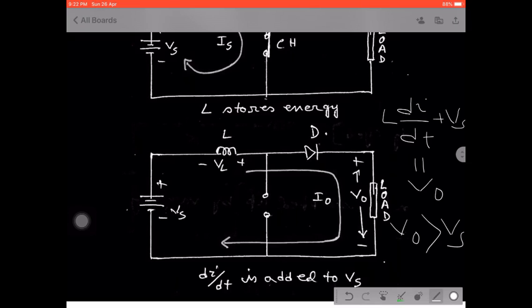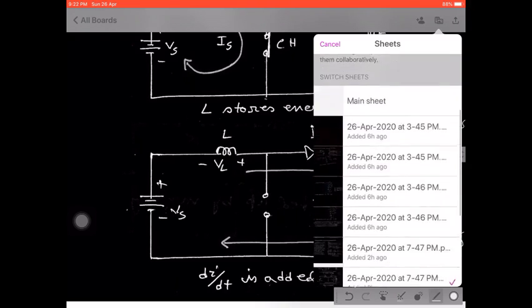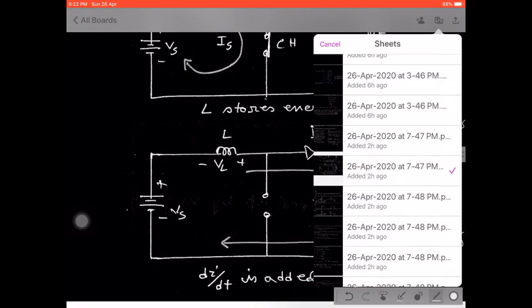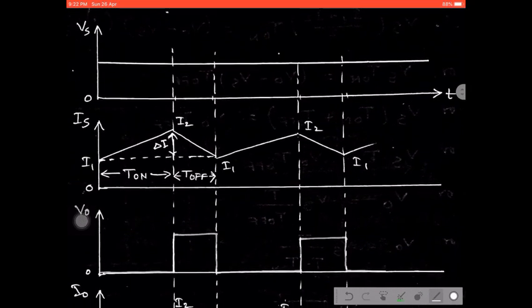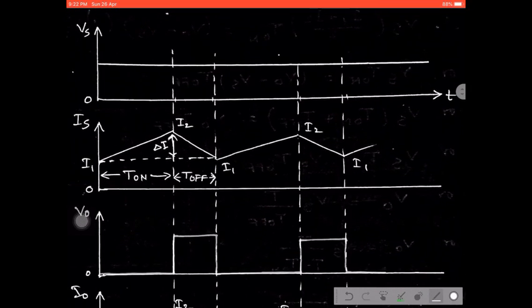Now similarly, just like before, we are going to calculate all the average values and the RMS values for the step up chopper. First we explain the waveform from the circuit. When the switch is on during the first mode of operation, the inductor gets charged.